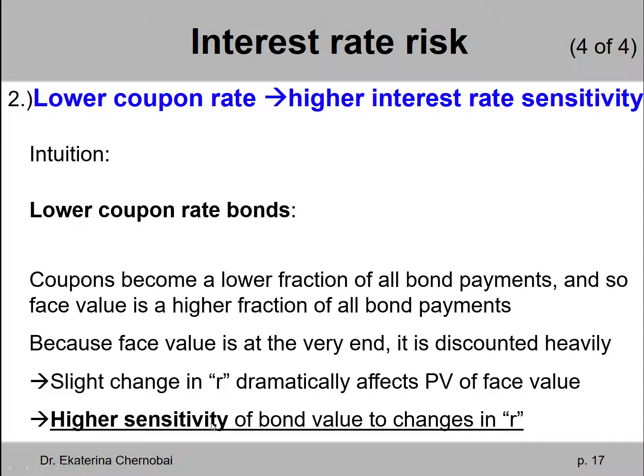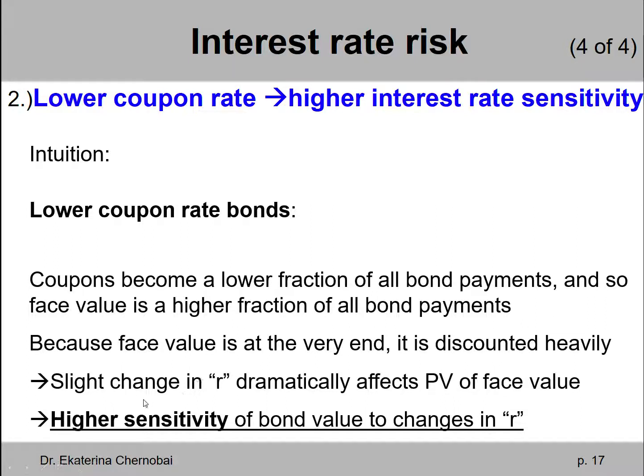And then the rest of the intuition is just like on the previous slides where we looked at the effect of the time to maturity. So because the face value is at the very end, it's discounted very heavily.